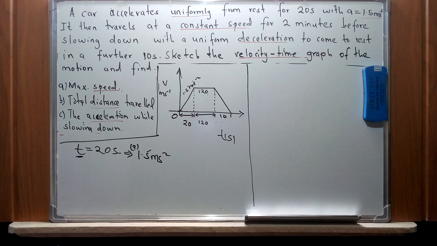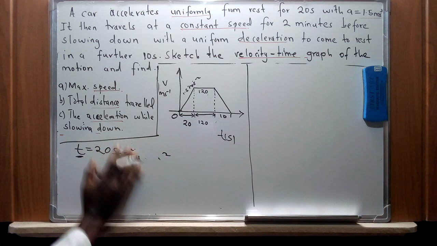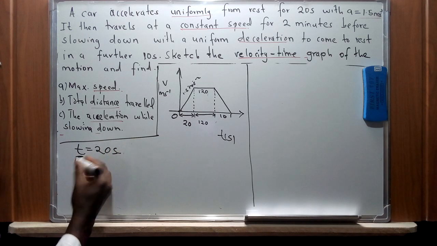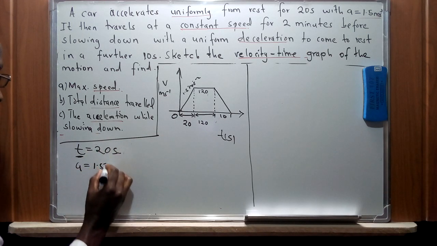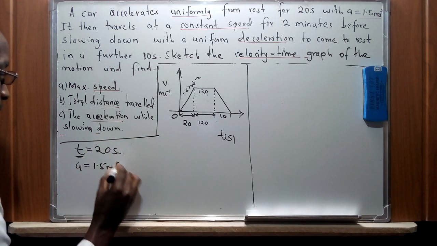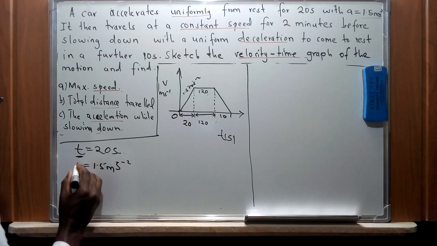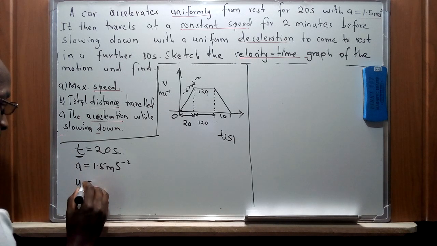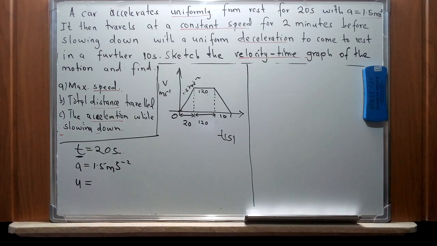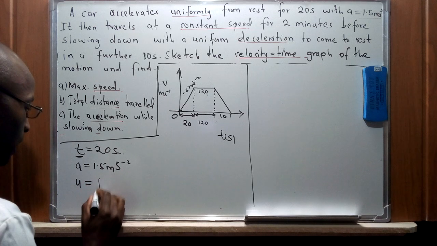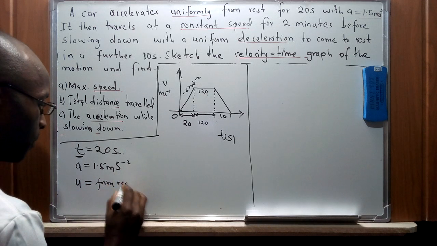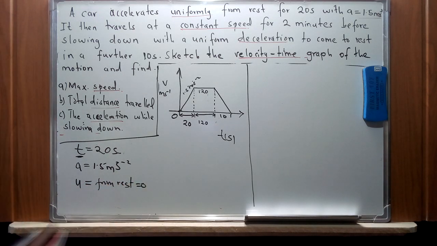So the information we have been given: acceleration, which is a, equals 1.5 meters per second square, and then we have been given t equals 20 seconds. We also have u, which of course starts from rest. From rest implies that u equals 0.